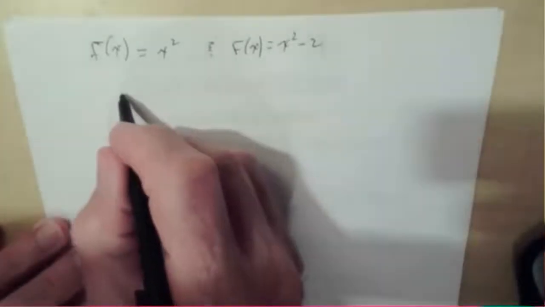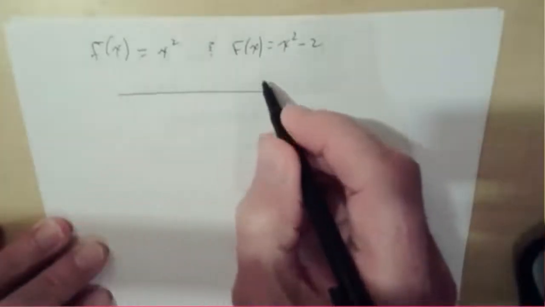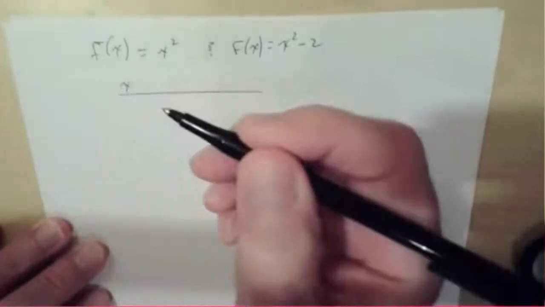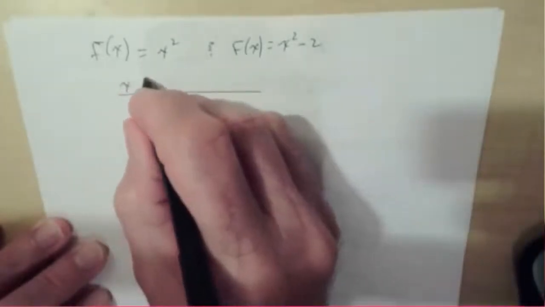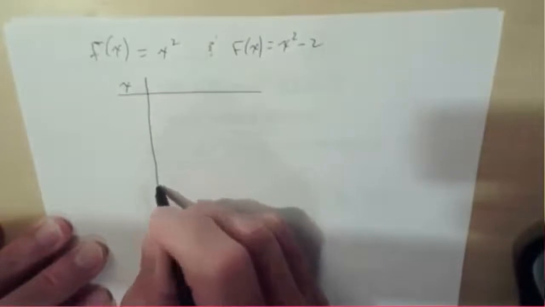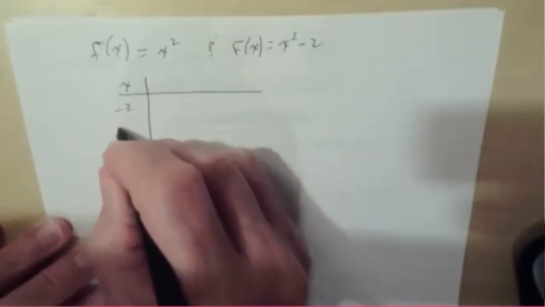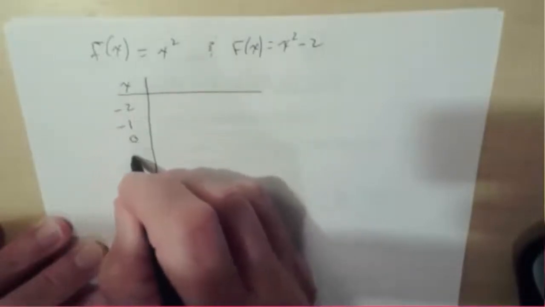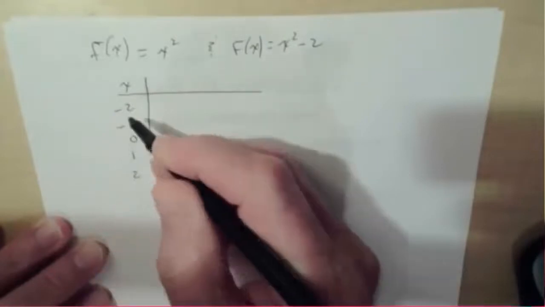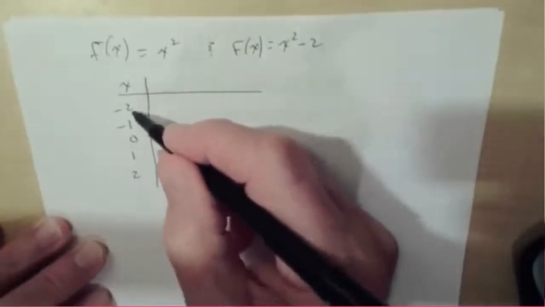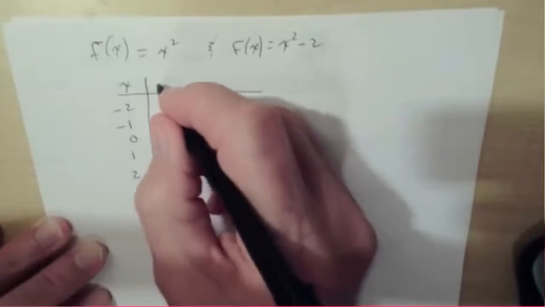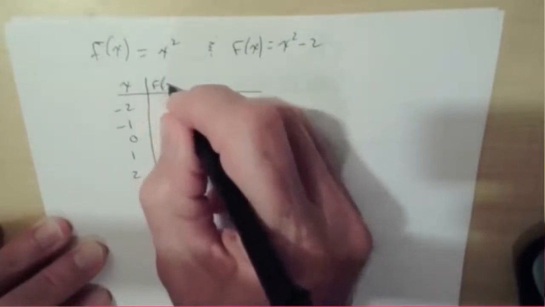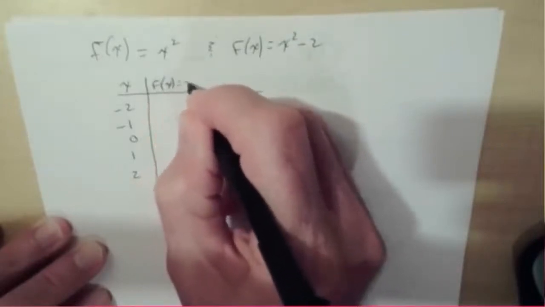We'll use some simple ones here just to give it a look. Okay, so what if we have x, in other words, some numbers. Let's do negative 2, negative 1, 0, 1, and 2. If you'll notice, they're just opposites of each other. Now for the first one, f of x equals x squared.